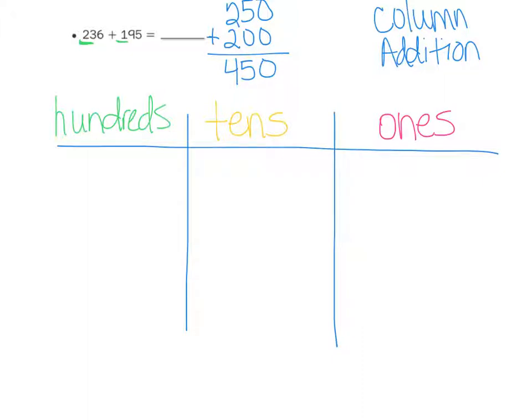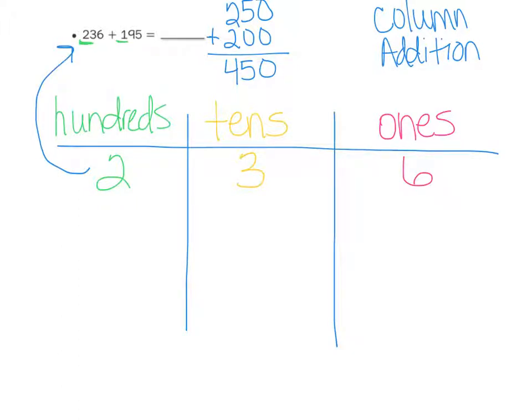So after I have written down all of my columns, I'm going to just copy my number down. So 236 is the same as 2 hundreds, 3 tens, and 6 ones. Okay, so you should be able to look up here and see how 236 matches from right there.